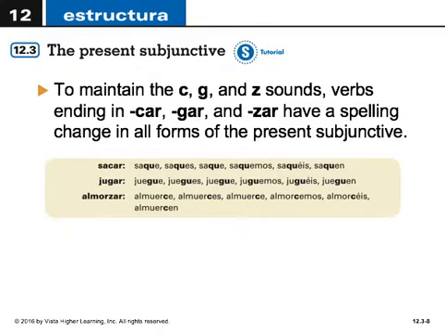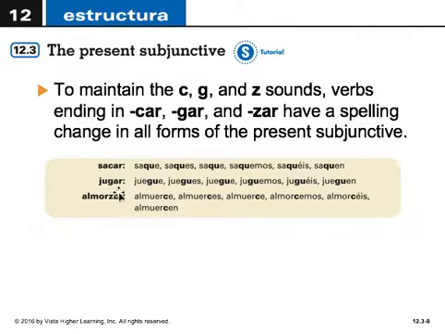So with car, gar, and zar verbs, to maintain the hard sounds that these verbs have, we also have a spelling change in all forms of the present subjunctive. For example, with a verb like sacar, it becomes saque, Q-U-E, saques, saque, saquemos, saquéis, saquen. Without that, it would be sase, which sounds nothing like sacar.